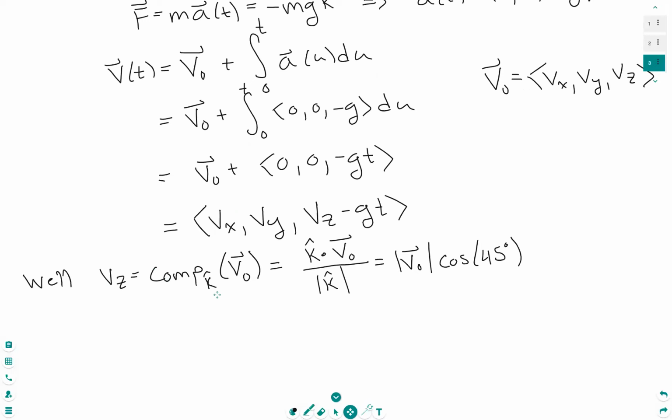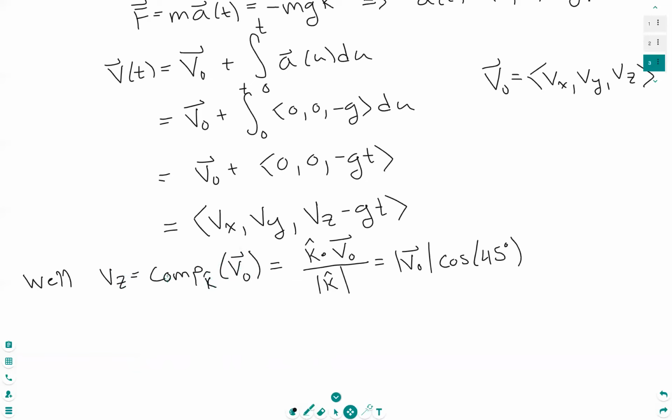Can I explain this step here? Yeah, so this is more or less just a more complicated way of writing the z component, right? Because this is V naught, and how much of it is in the k hat direction, right?